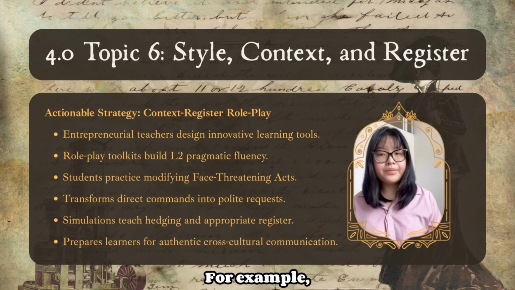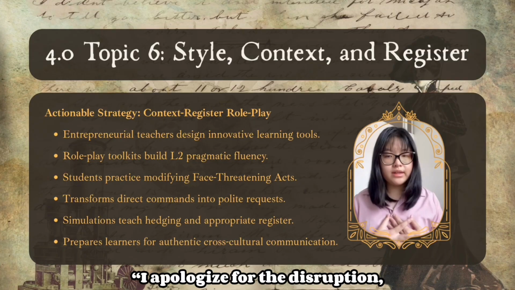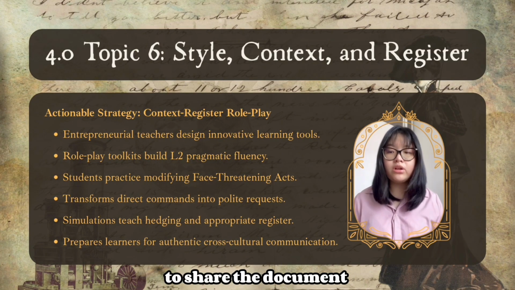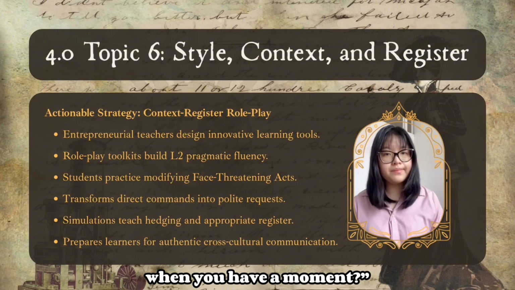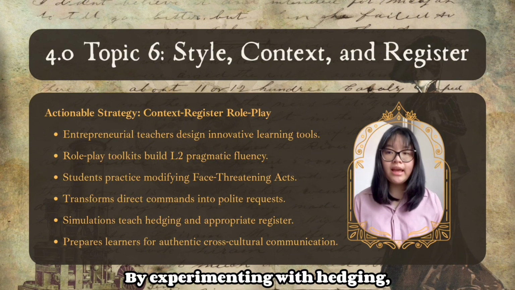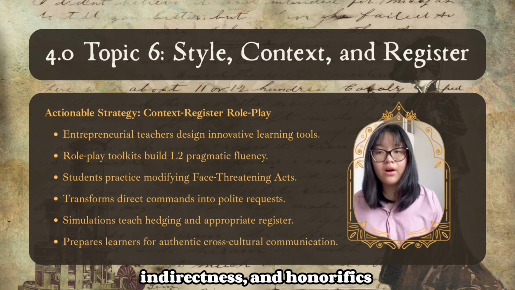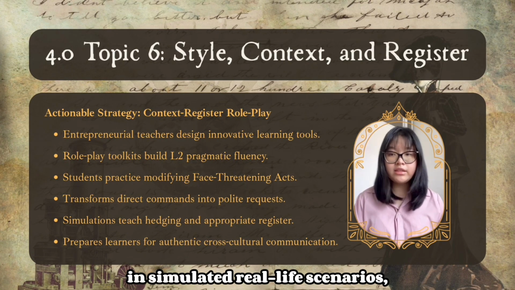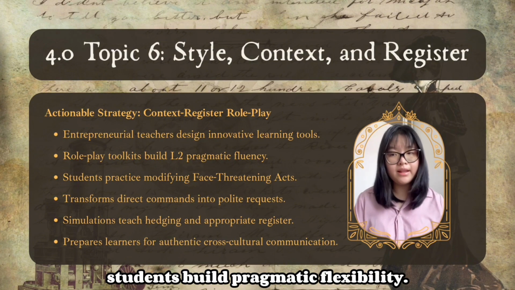For example, "I apologize for the disruption, but would it be possible to share the document when you have a moment?" By experimenting with hedging, indirectness, and honorifics in simulated real-life scenarios, students build pragmatic flexibility.